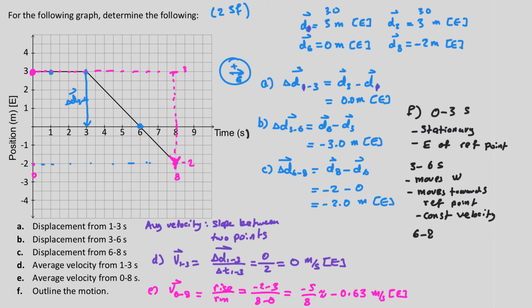And finally, from 6 to 8 seconds, we can see that it keeps moving in that direction. It keeps moving in a constant velocity, but now it's moving away from the reference point. So it moves away from the reference point at constant velocity and moves west.